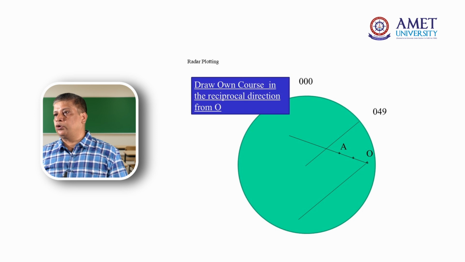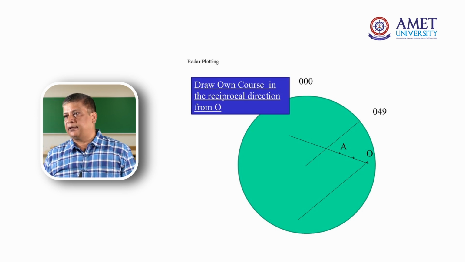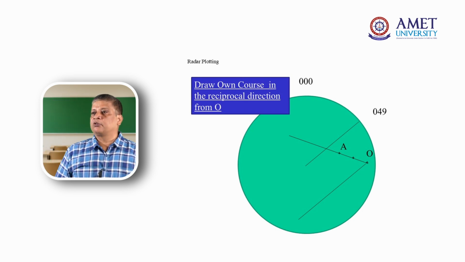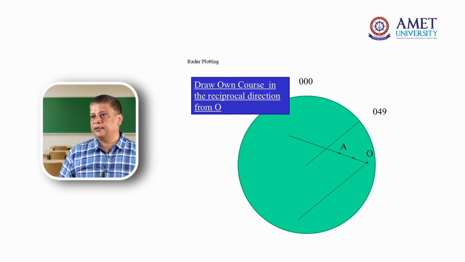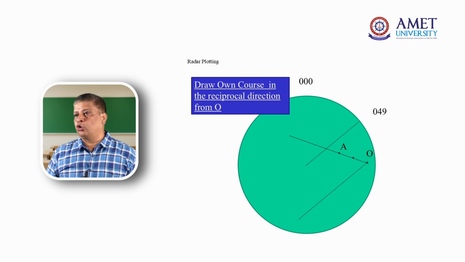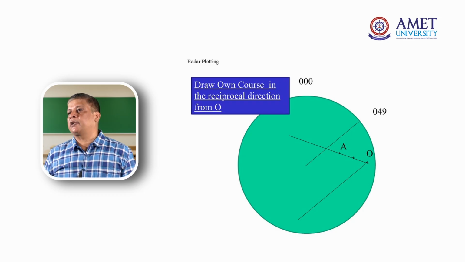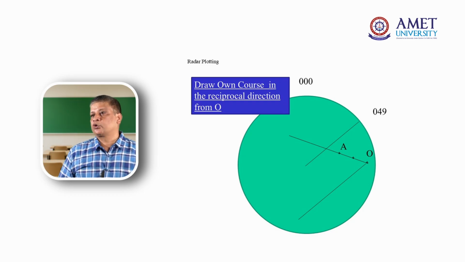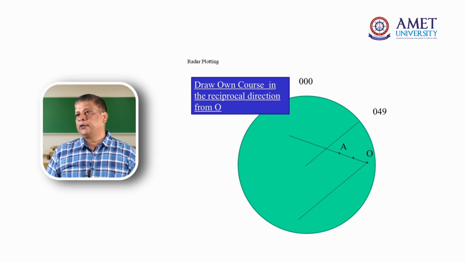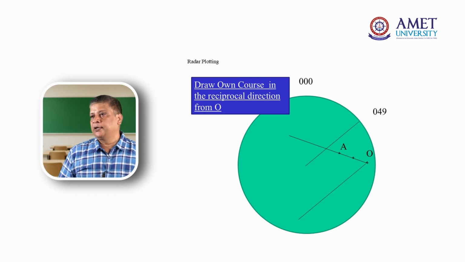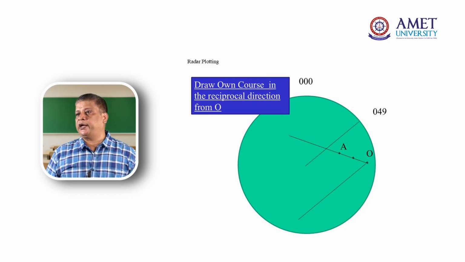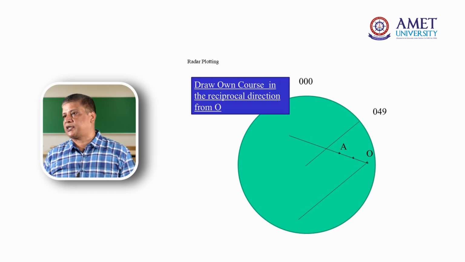Next, I told you our course is 049, isn't it? So we transfer this 049 to the point O and extend it in the reverse direction. To make it very simple, you can add 180 to 049, which gives 229, and draw it from O in the reverse direction.